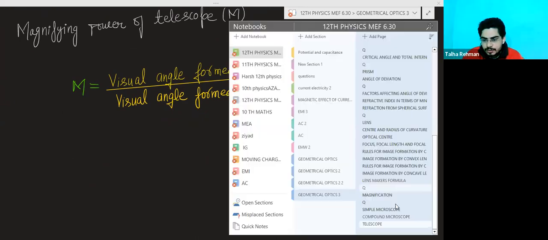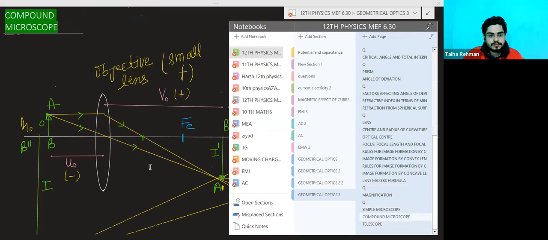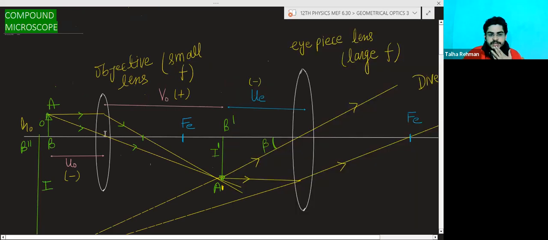In case of the compound microscope, you have one objective lens and one eyepiece lens. Here, the objective lens was small, but the eyepiece lens is bigger as compared to the objective lens.